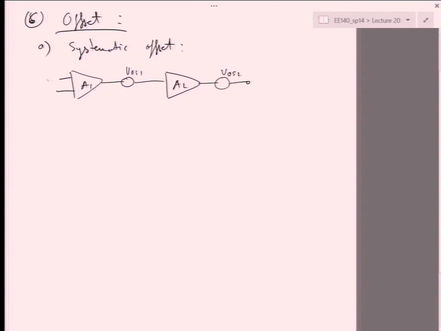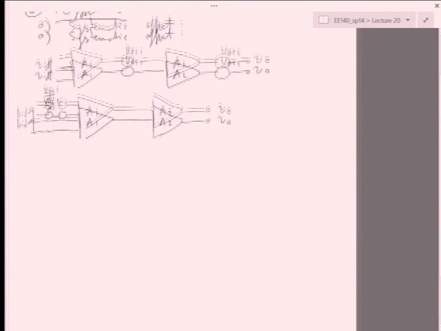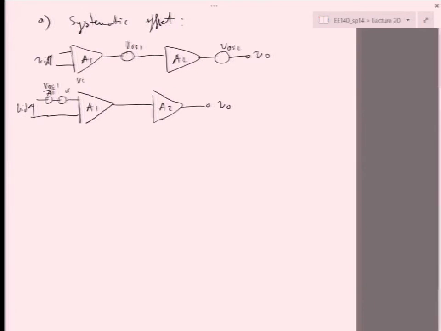For analysis purposes, we can always match that to something like this, where at the input we have what we call input-referred offsets. The first one will be VOS1 over A1. The second one will be VOS2, but divided by both gains.